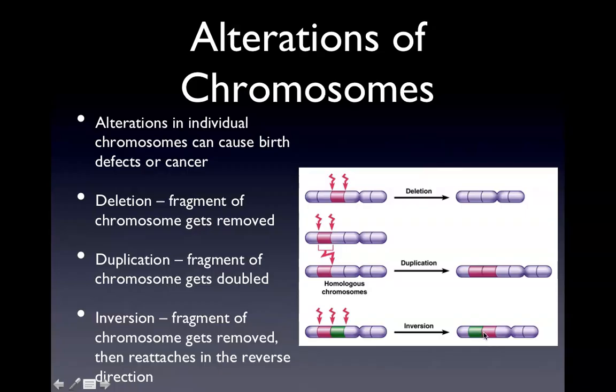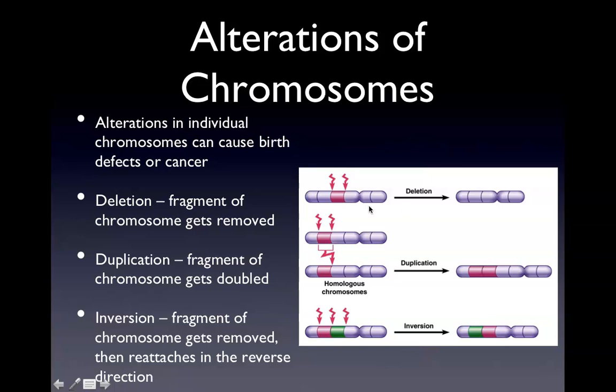That's a big problem because DNA can only get read in one direction. It's like you reading a textbook and I tell you, oh, read the sentence backwards. It all of a sudden doesn't make any sense. Okay? So the same thing happens here. That DNA can only get read in one direction. Now I'm basically putting the sentence backwards and it's not going to make sense to your body.